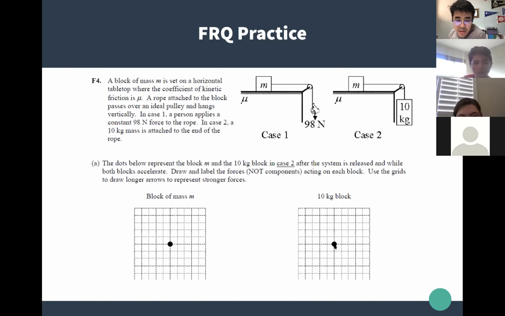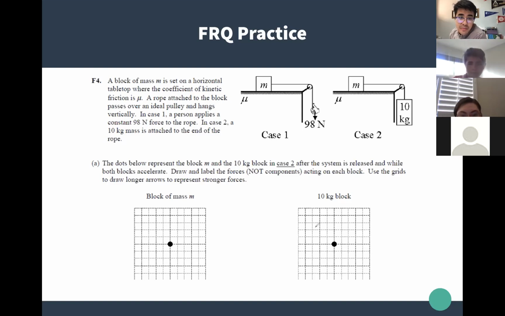So how many boxes do you want to do? 3, 4, 5. Is the 10 kg block pulling down, is it moving down? Is it heavier than just the block of mass M? We don't know yet. It's just saying using longer arrows to represent stronger forces. So I think the two blocks will be independent of each other.